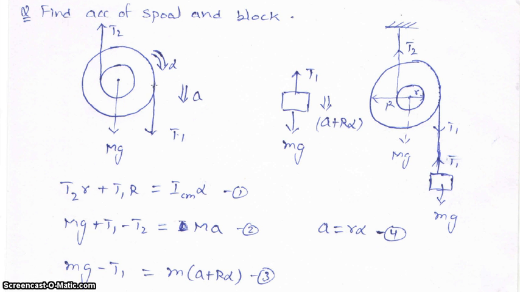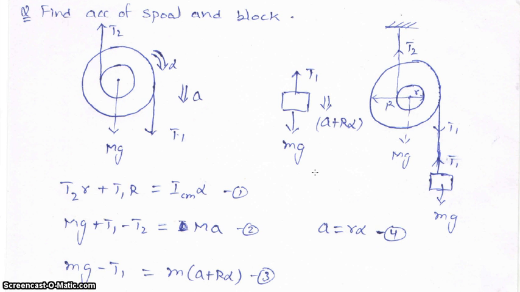The acceleration of this point will be a because of the center, plus R alpha in the downward direction, and the acceleration of this other point will be a minus small r alpha. As the string is at rest, the acceleration a minus small r alpha must be equal to 0.